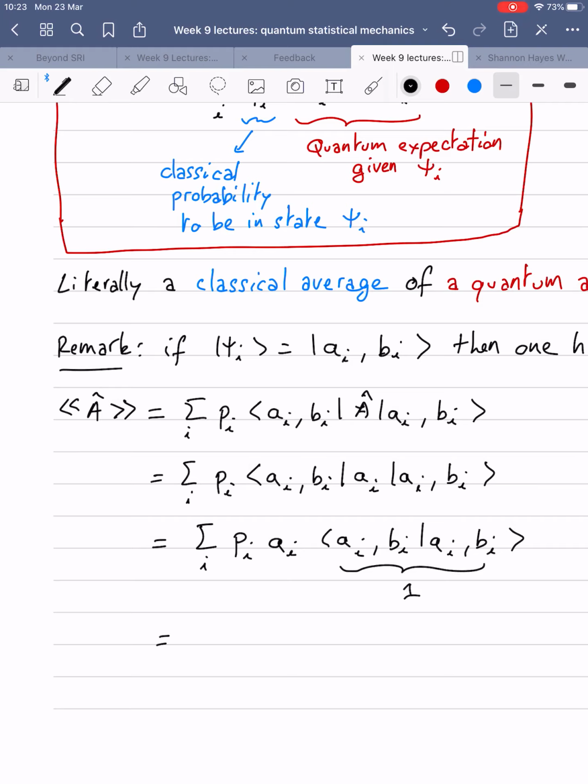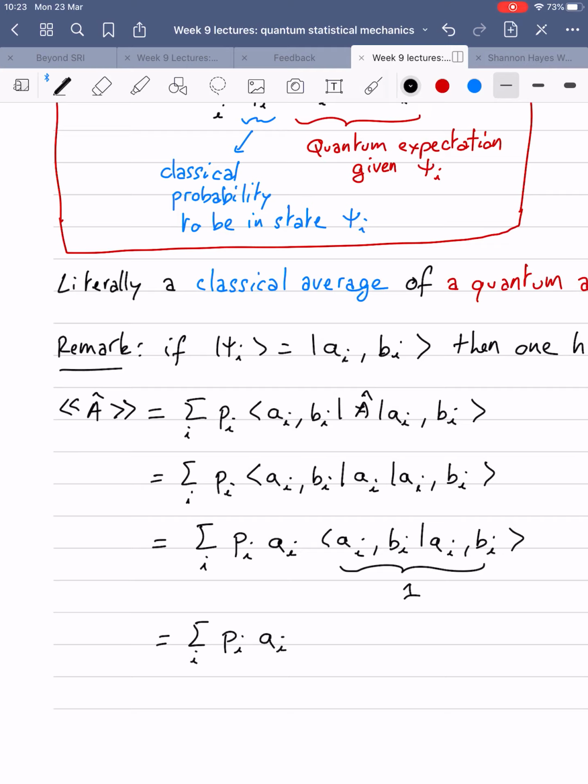So in the end, if the states in your sample space are eigenvectors, exactly as I said, a collection of eigenvalues related to commuting observables, then the average of A is the sum of p_i a_i.